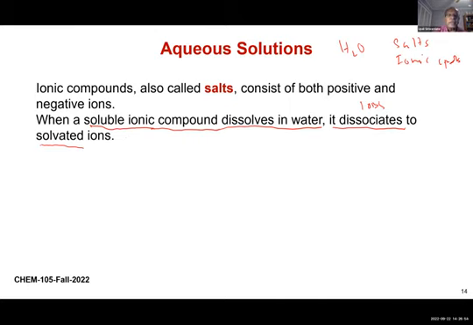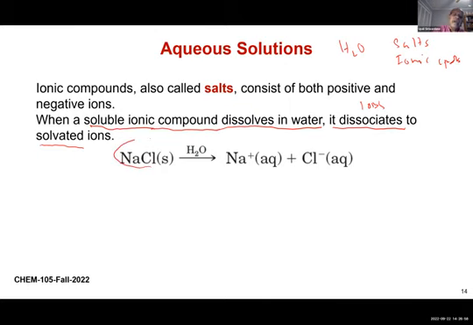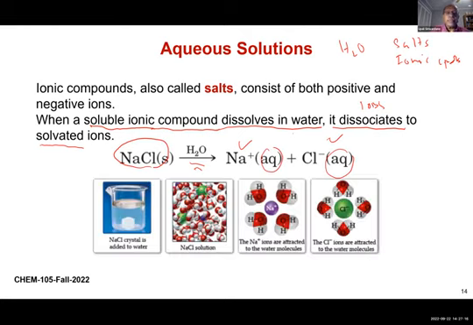Let's look at the picture for this one. Sodium chloride is a salt. When you put it in water, it goes into solution. This is aqueous solution. Therefore, in the water solution, sodium ions go in.